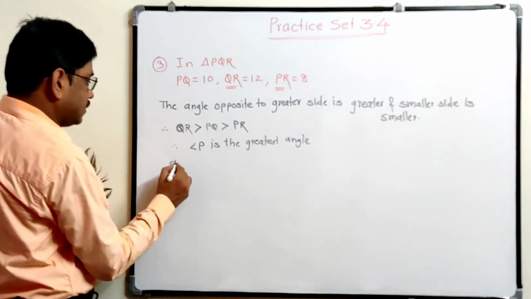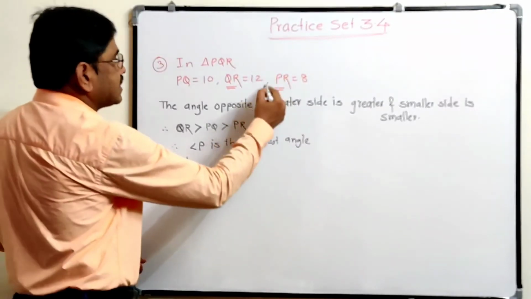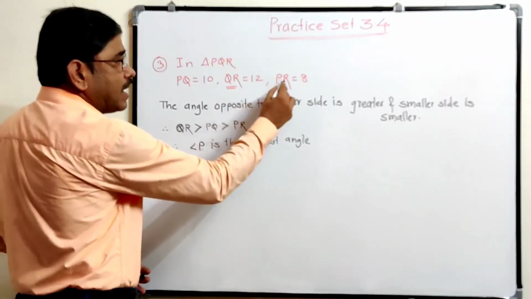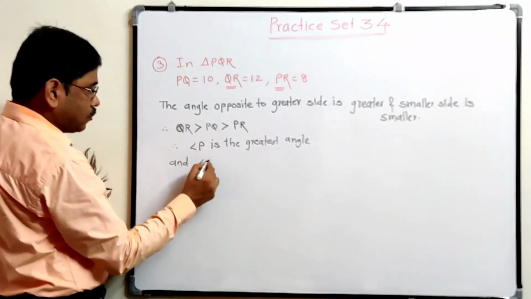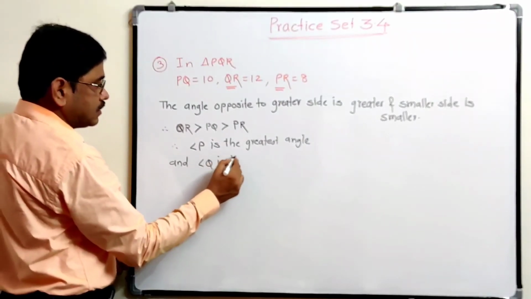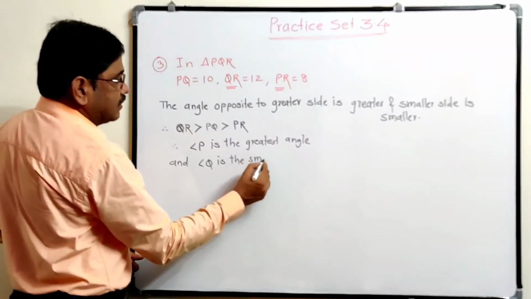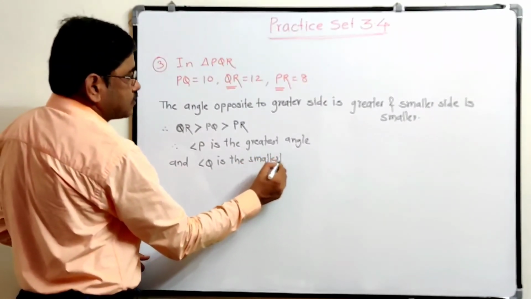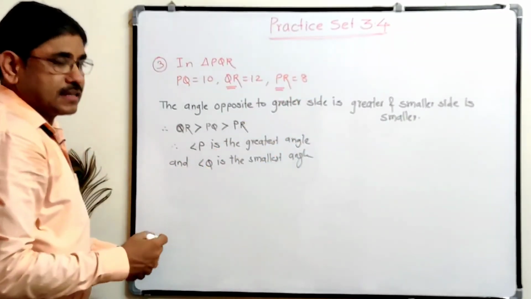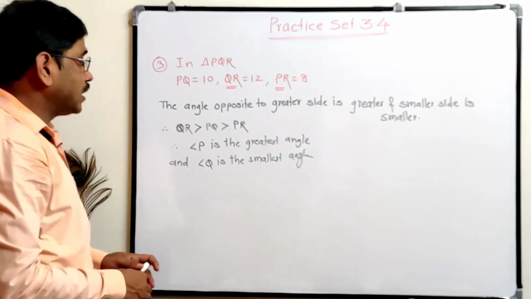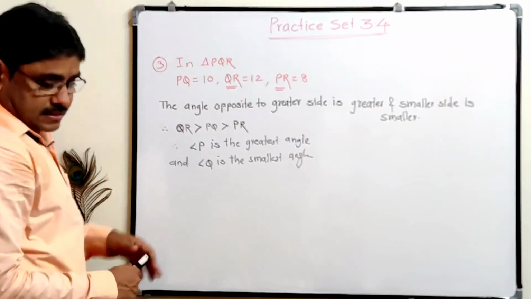And this PR is the smallest side. PR, so which third angle is left? Third point Q. So angle Q is the smallest angle. Which theorem we use? That theorem is written here: the angle opposite to greater side is greater and smaller side is smaller. So here QR is the greatest side.